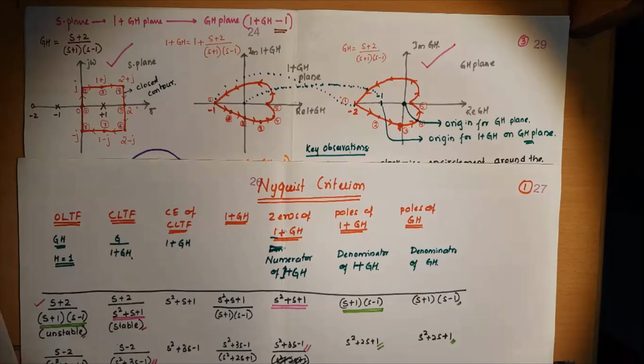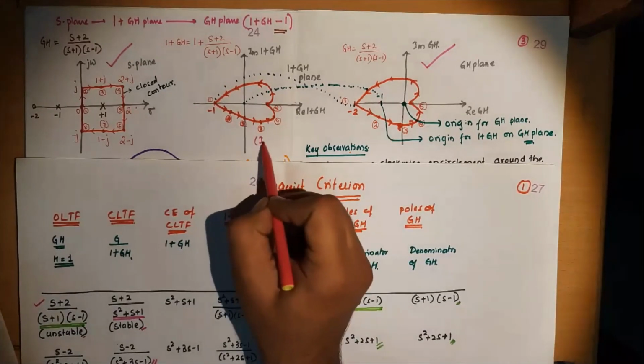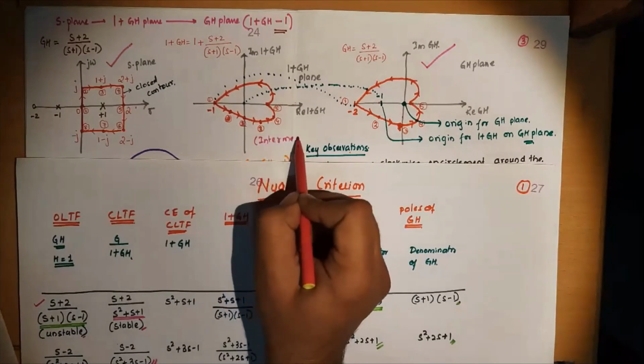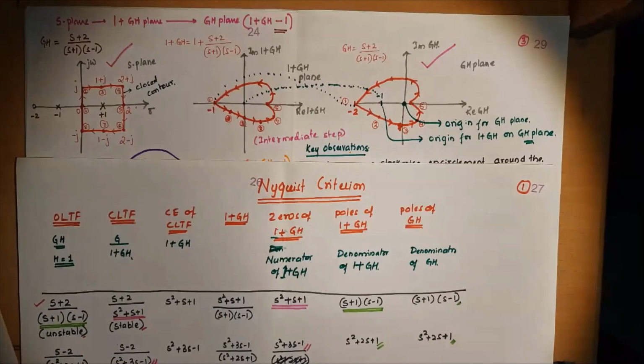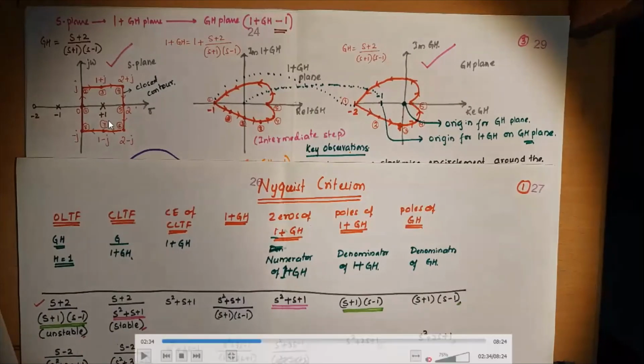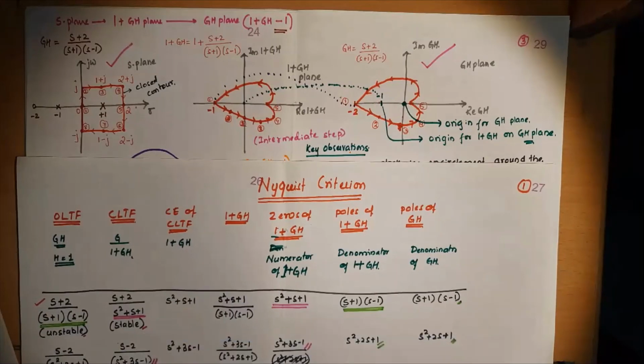Let's hold on to what Nyquist is going to tell about stability. This is an intermediate step, because if I directly tell you without drawing this diagram that -1 is the origin for 1 plus GH, anybody would get confused. So to avoid that, this intermediate step.